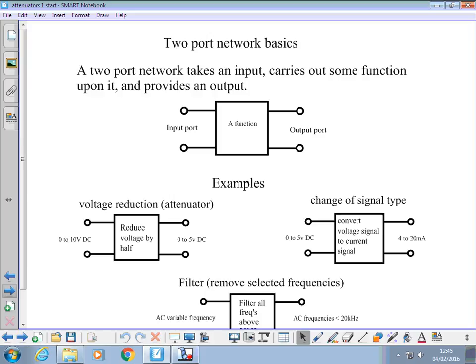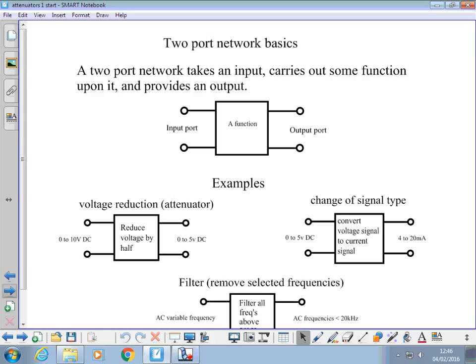If you've got a long signal line, you'd start to lose signal over distance. So you'd put in a buffer, effectively an amplifier, to prop that signal up as you went over, for instance, several kilometers of distance. So there are 2-port networks that put out exactly what you put in. They're called buffers.